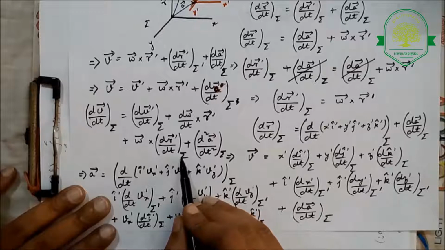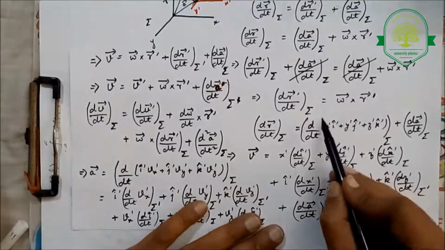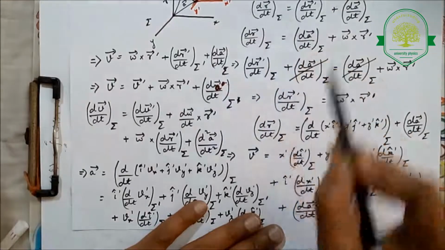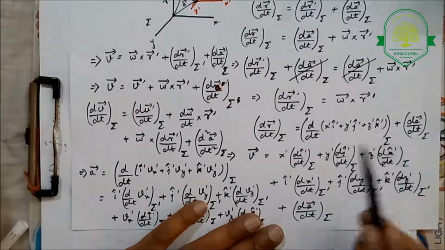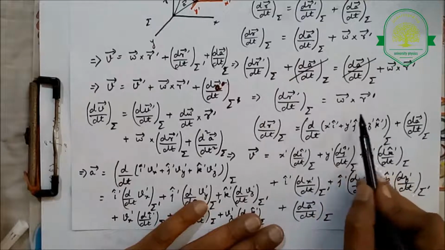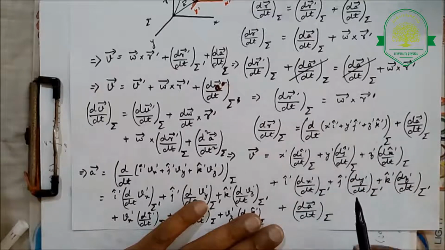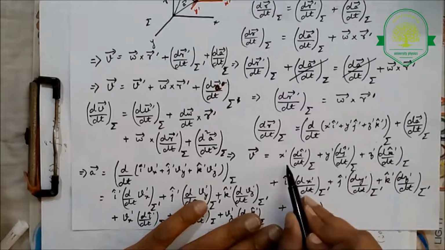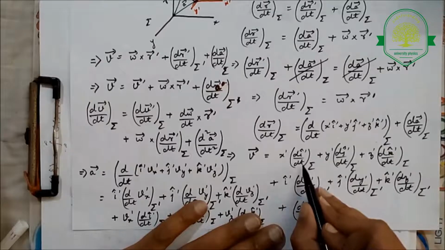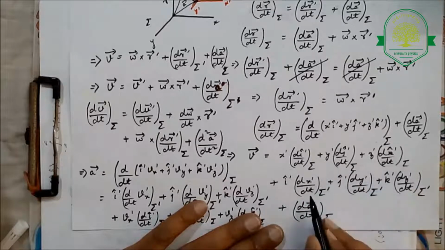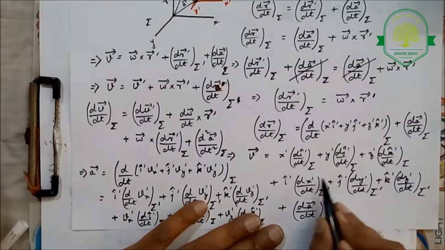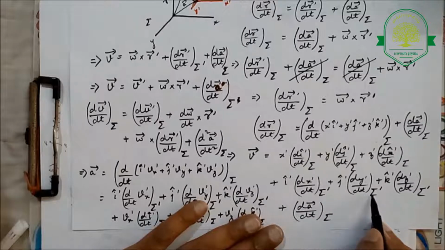we can figure that out too, but I think we had already done it here. We had differentiated this whole equation with respect to the sigma frame of reference, and the differentiation of only this part, from there I think we had gotten omega cross r primed vector, and the remaining term was the derivative of r primed vector as seen from the primed frame of reference.